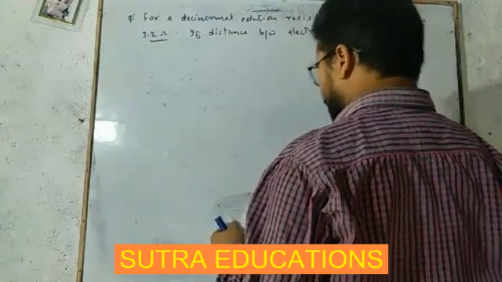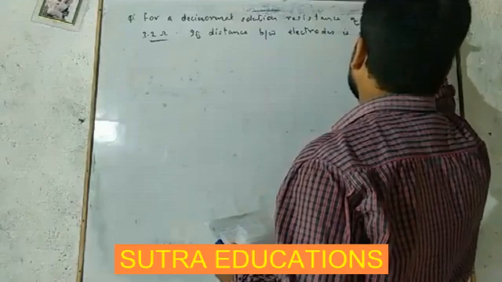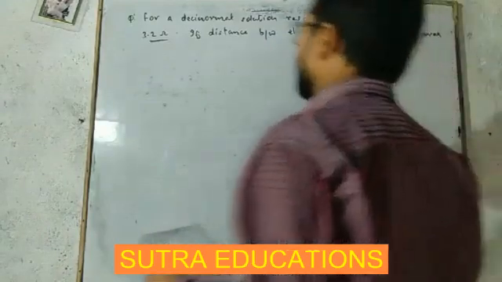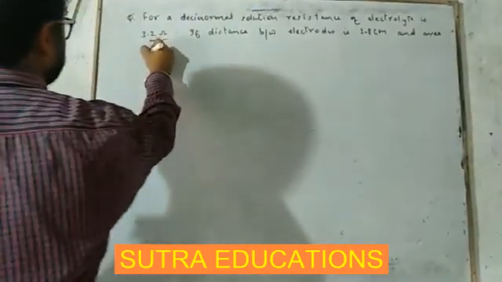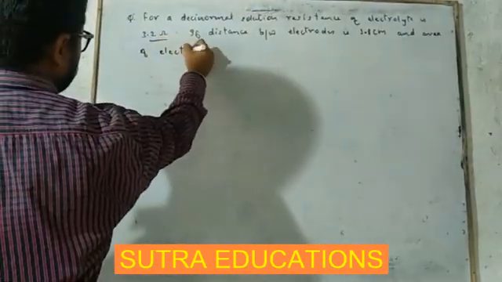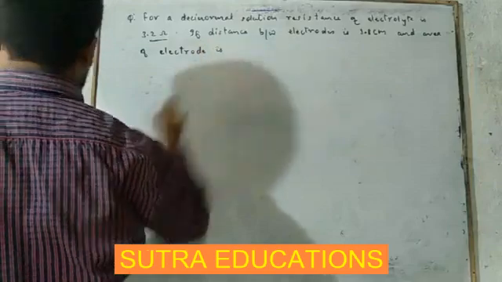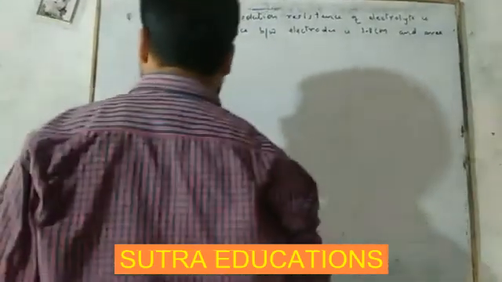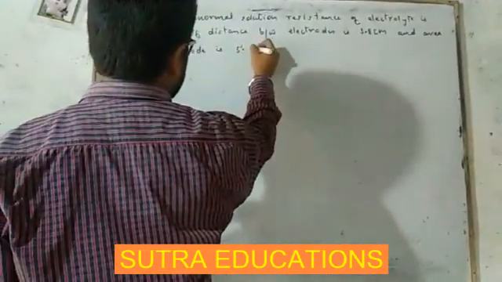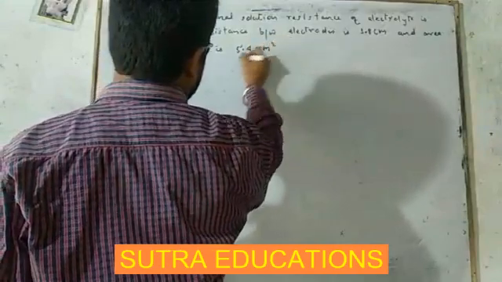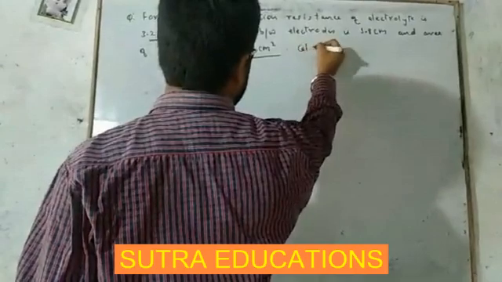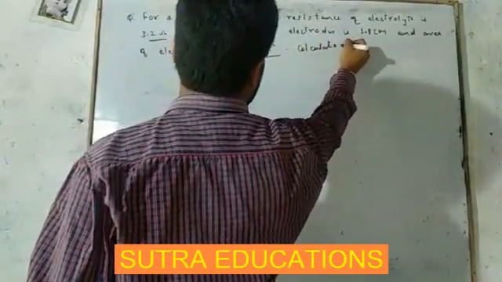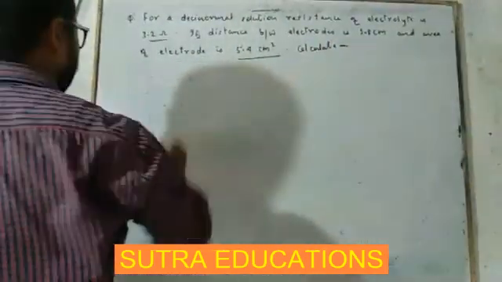and area of electrode is 5.4 cm square. Calculate cell constant.